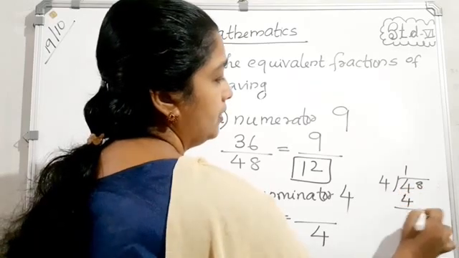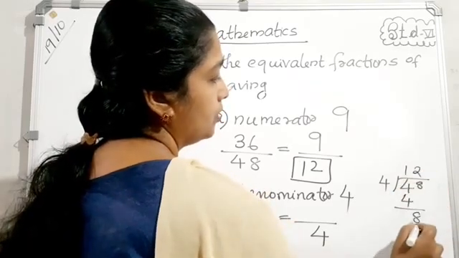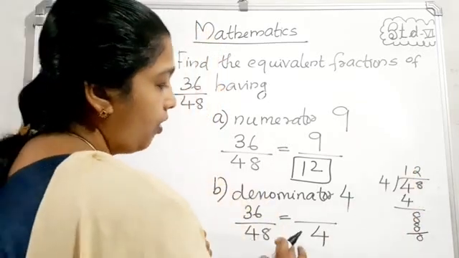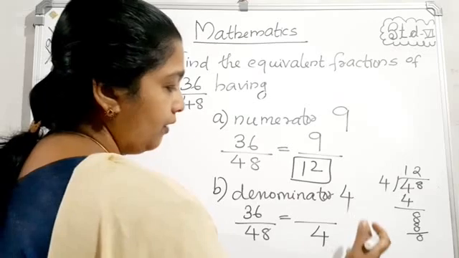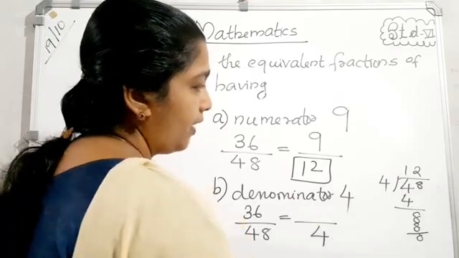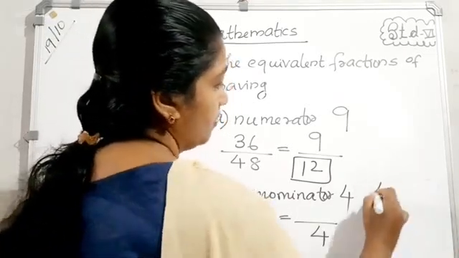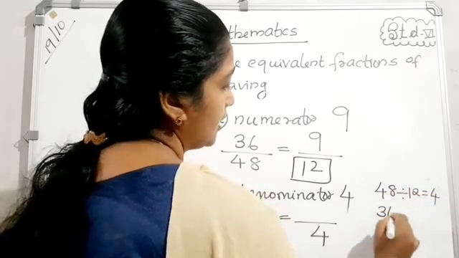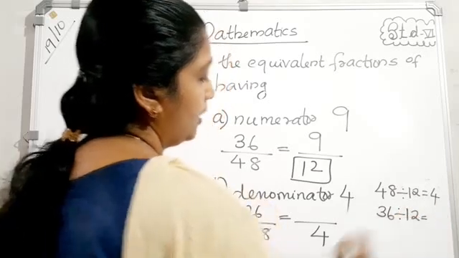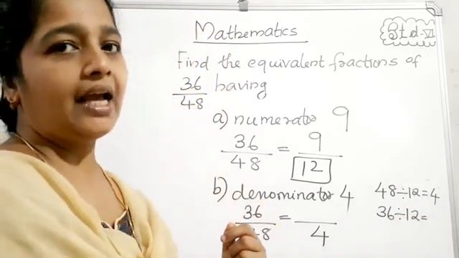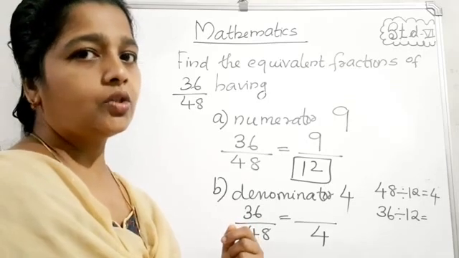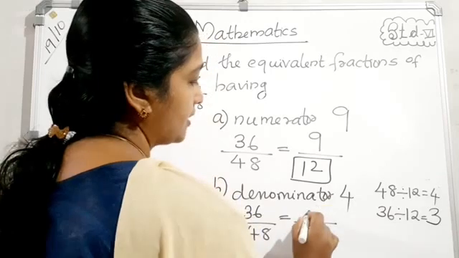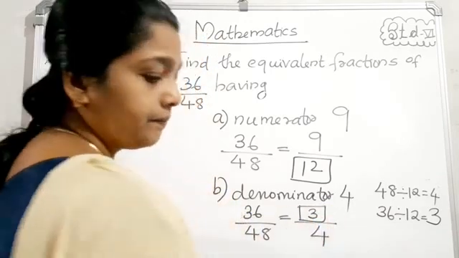Isn't it? 12 4s are 48. Understand? So 48 by 12 equal 4. So 36 by 12 equal dash. Say the table of 12: 12 1s are 12, 12 2s are 24, and 12 into 3 is 36. So, say the answer, that is 3.